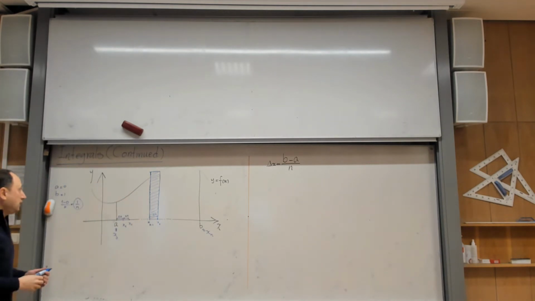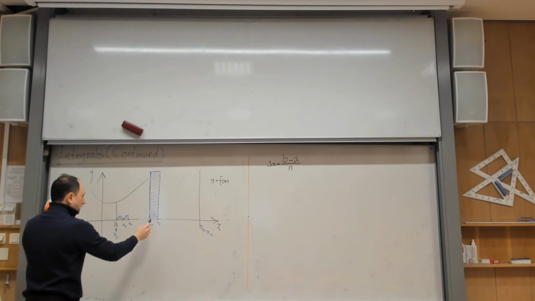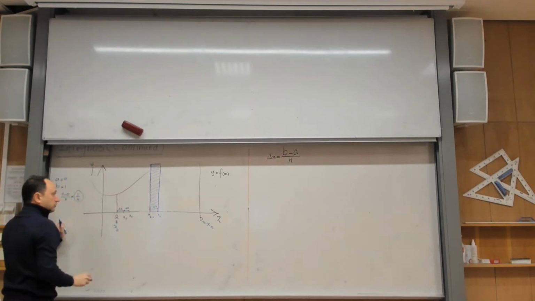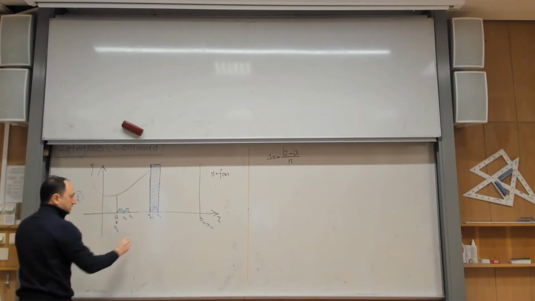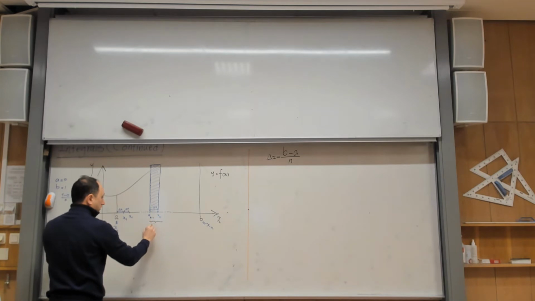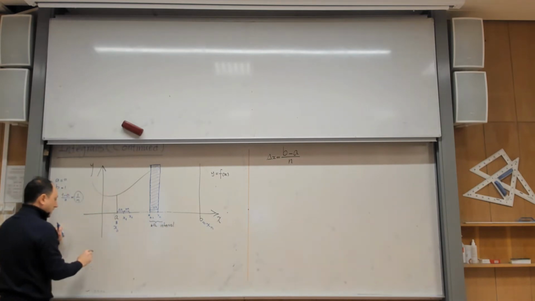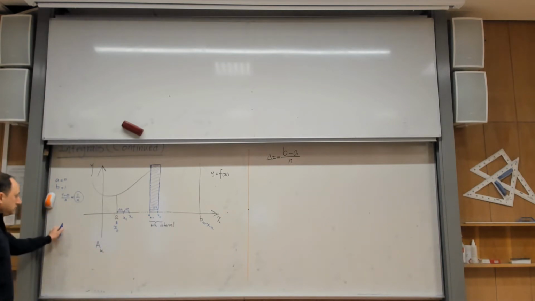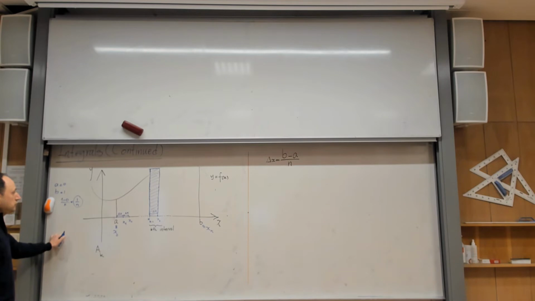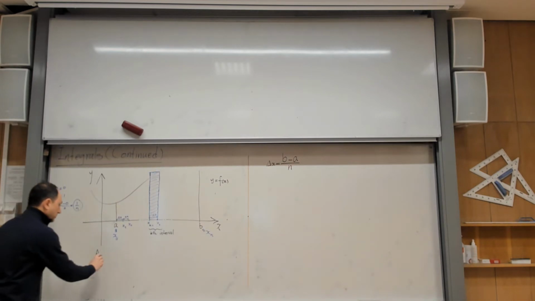Okay, now if I ask you, what is the area of the kth rectangle? So that is the kth interval, or the kth rectangle, yes? If you don't mind, let me call the area of the kth rectangle a sub k. So what do you think?